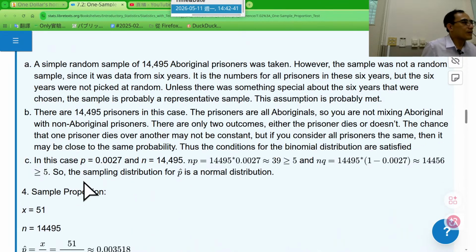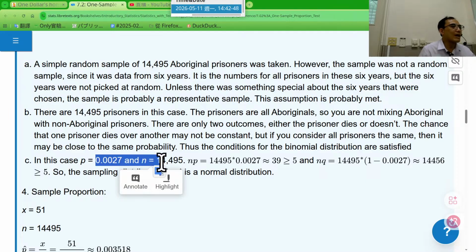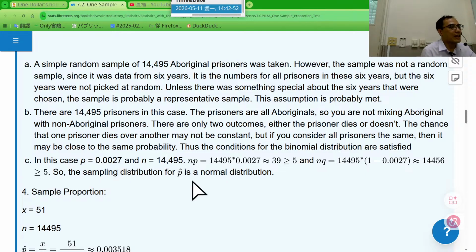In this case, P is equal to 0.0027, N is 14,495. Thus NP, N times P, is greater than 5, and NQ, N times 1 minus 0.0027, is also greater than 5.